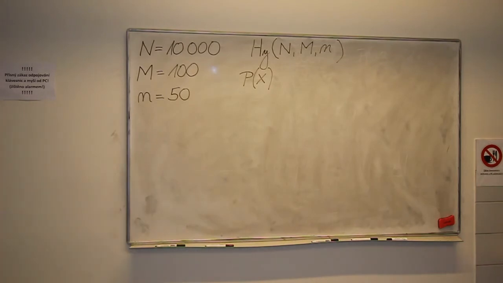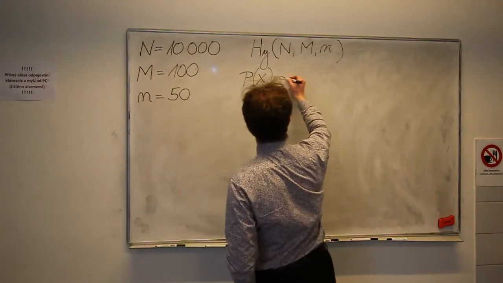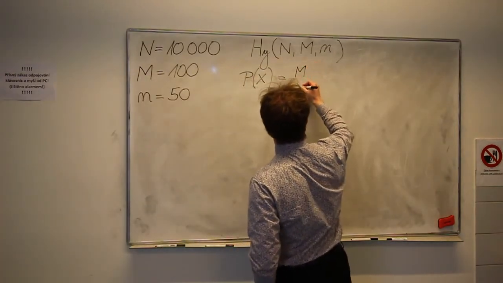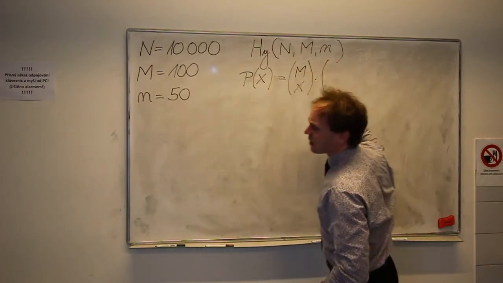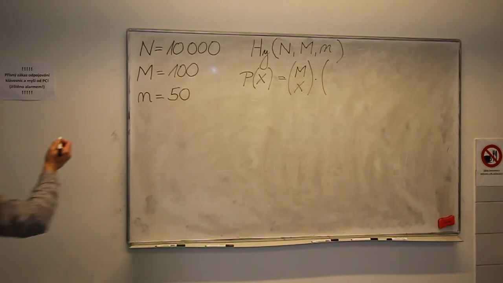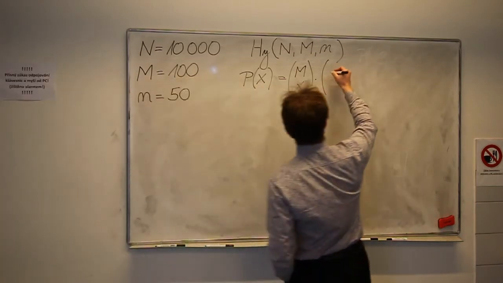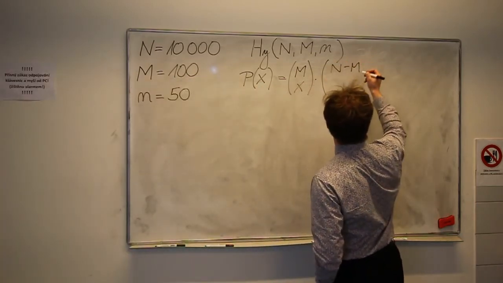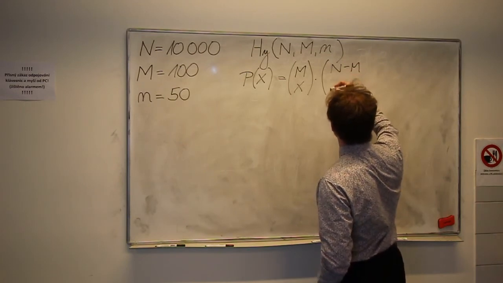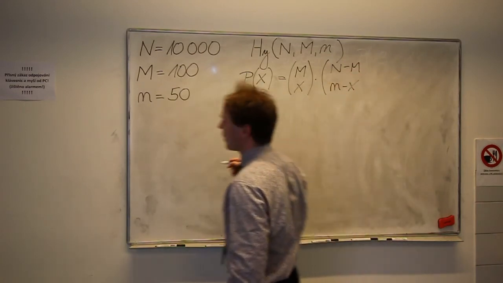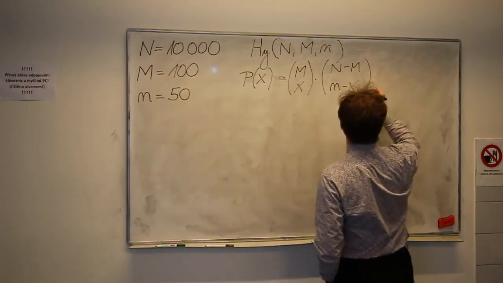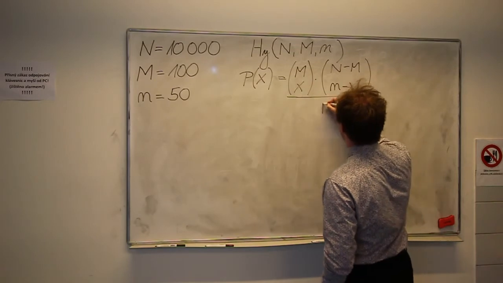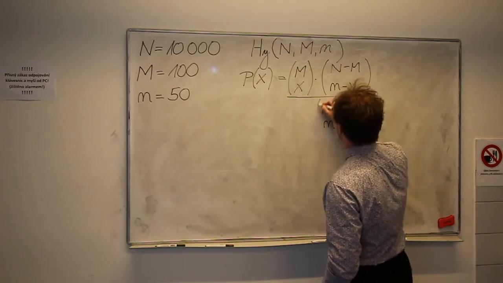In the formula we have capital M above x, the first combination number, times capital N minus capital M above small n minus x. Am I right? Yes. And in the denominator there is capital N above small n.